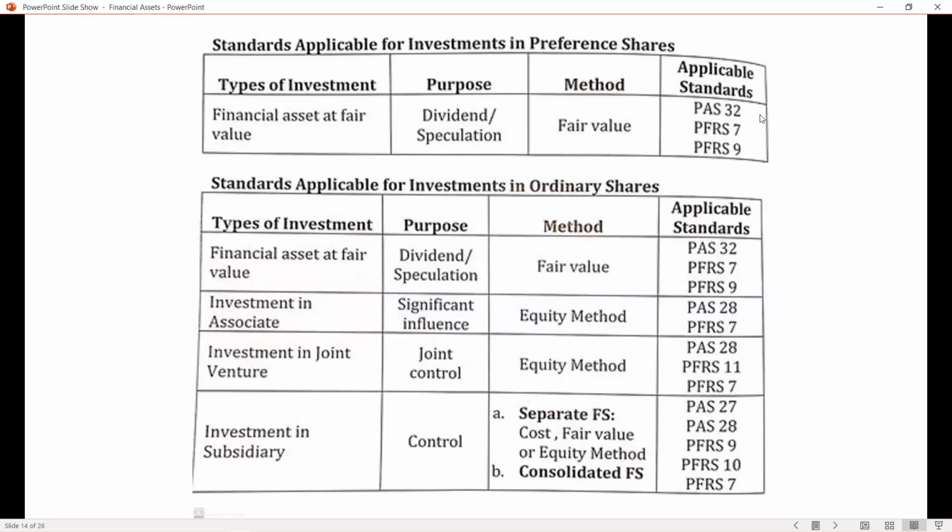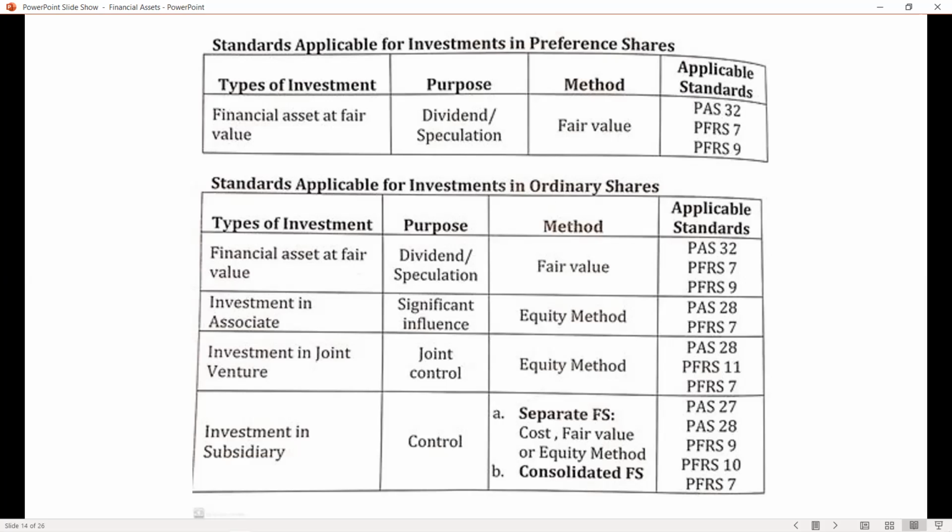So, dito, walang ibang classifications yung preference share kahit anong percentage of ownership yun, kahit hanggang 100, di pa rin, you don't have the power to vote kasi you don't have a significant influence as to decision making. Kaya fair value as financial asset at fair value pa rin yung measurement niya under PAS 32, PFRS 7 at PFRS 9.